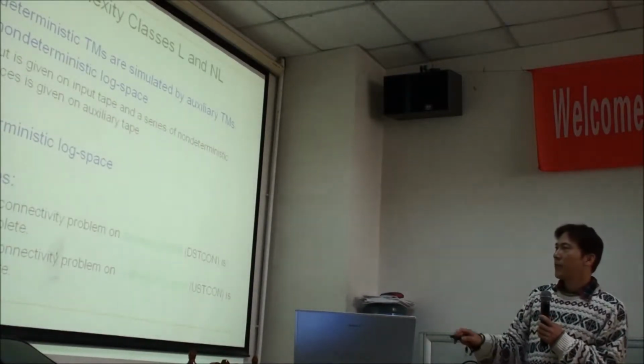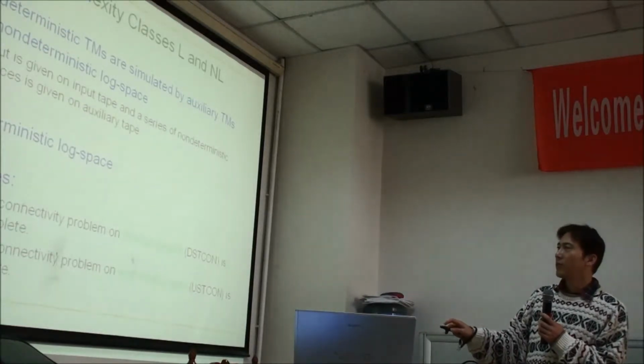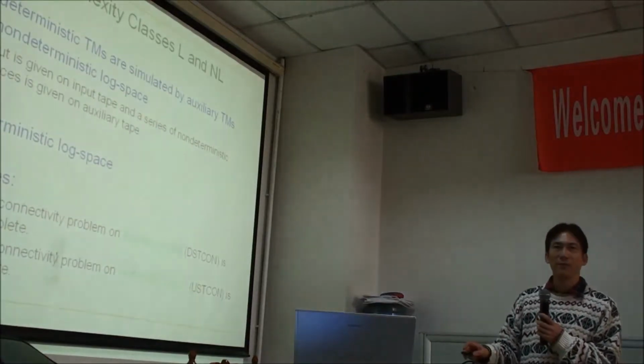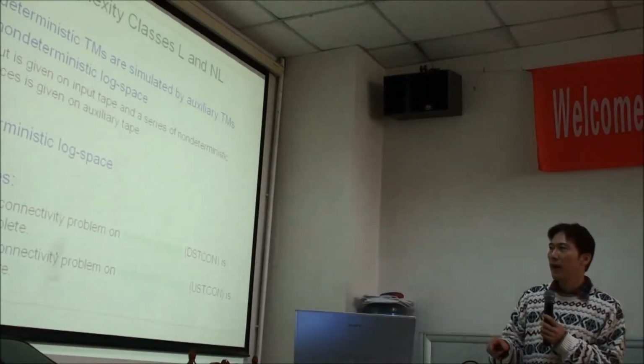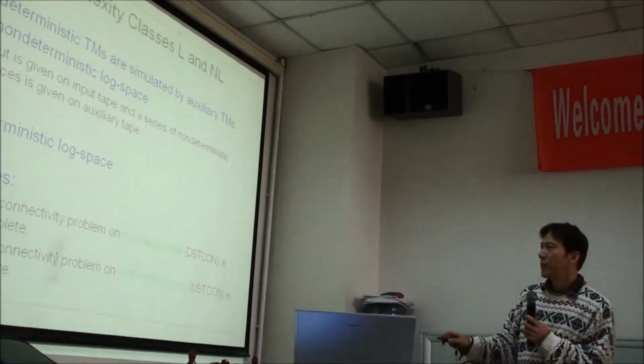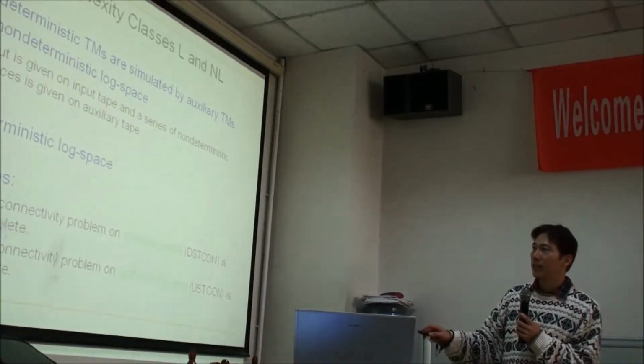For example, there is st-connectivity. We are given a directed graph, and a source s and a sink t, and we have to find out whether there is a path between s and t. This problem is known to be NL complete.